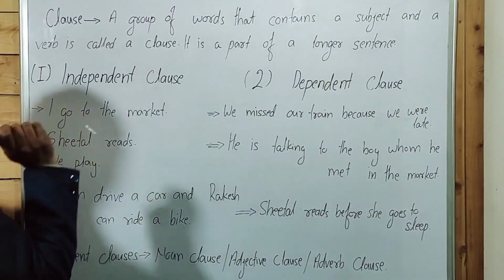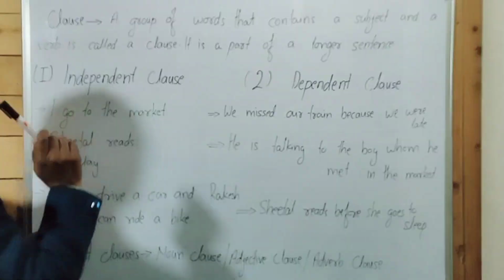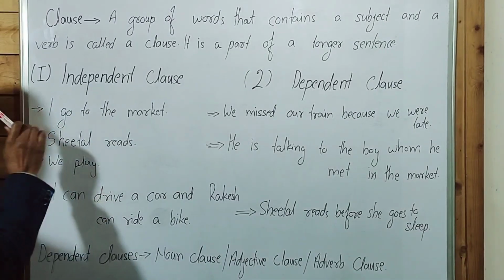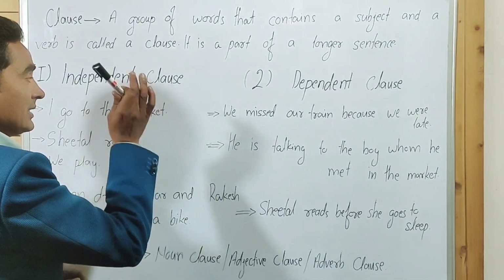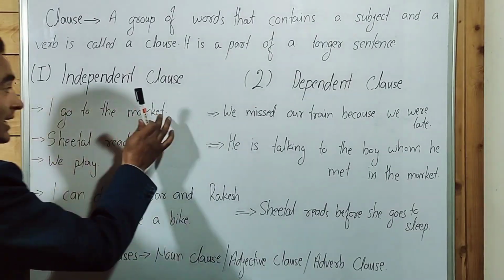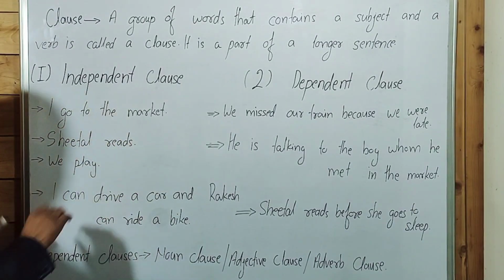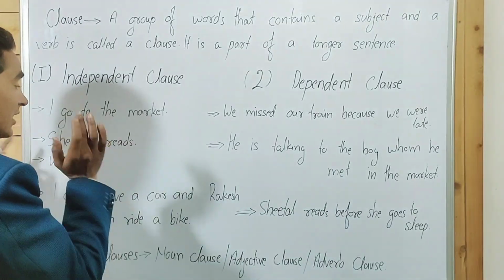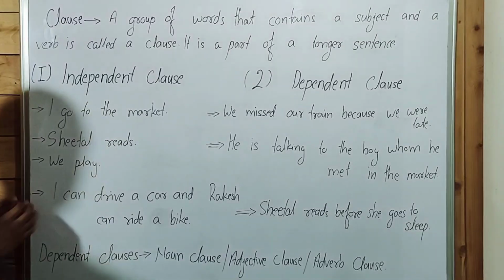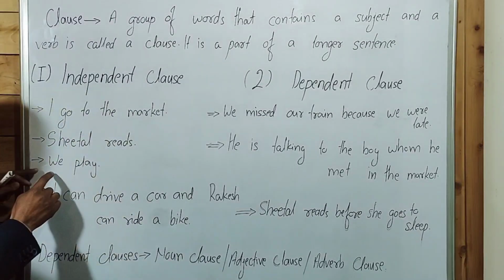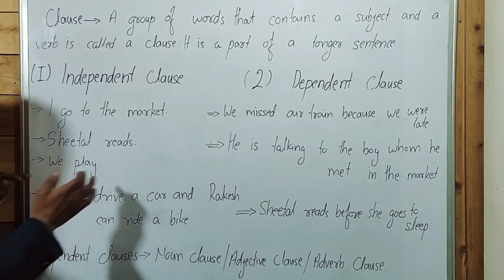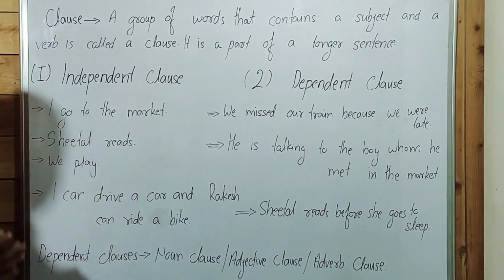I go to the market. It's an independent clause. This sentence has complete sense. It can stand alone. Sheetal reads. Complete sense. A complete sentence, an independent clause. We play. Complete sentence, a complete sense.